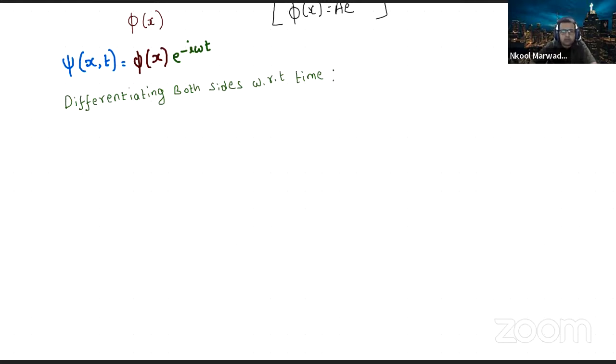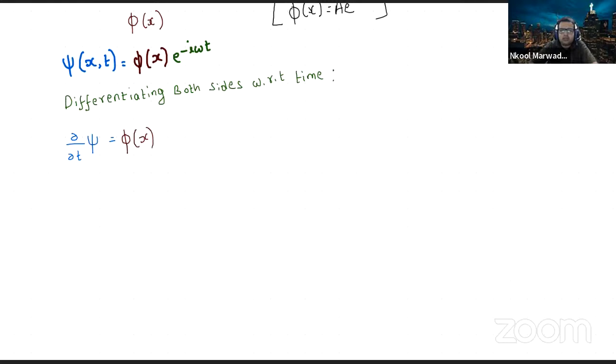Since it's a function of two variables, we have to do the partial derivative with respect to time. It will be psi itself on the left. On the right, since we are differentiating with respect to time, phi x will be treated as constant because the variable is time t. So phi x I can take outside, independent of time.